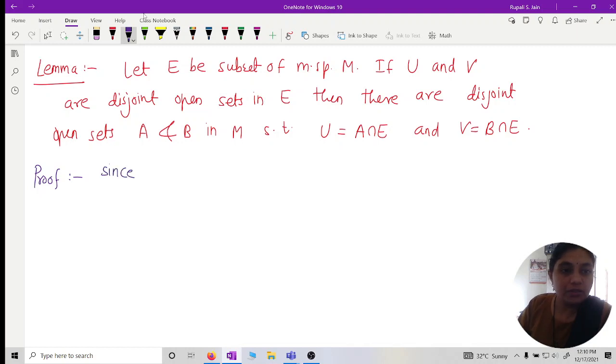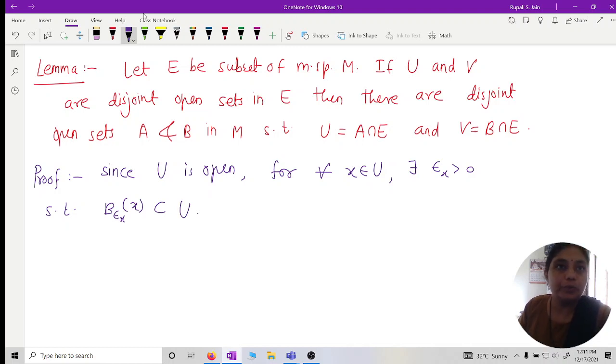Since U is open, for every x in U, there exists a radius epsilon greater than 0 such that the ball B(x, epsilon) is totally contained in U. So what does this imply?